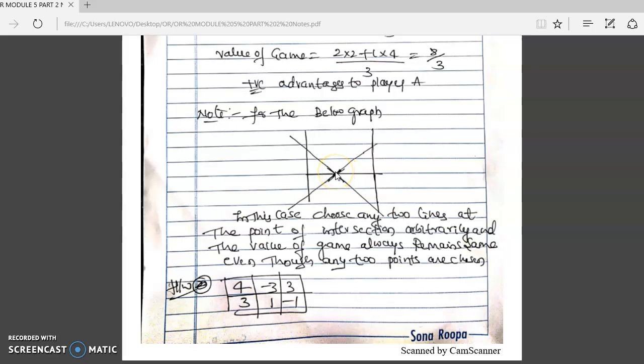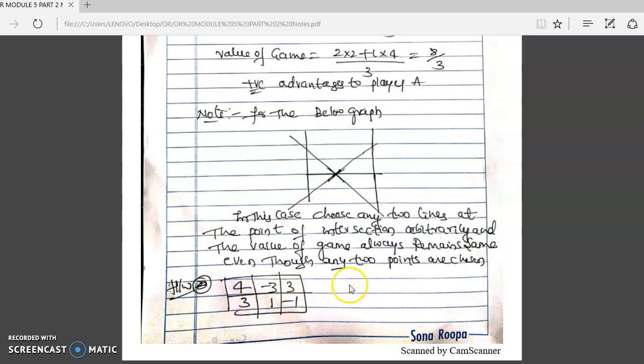In such examples, if any number of rows and columns are there, you have to consider the average of any two lines, then write the 2 by 2 matrix and solve it by using the arithmetic method. You can consider this example as homework and solve it.